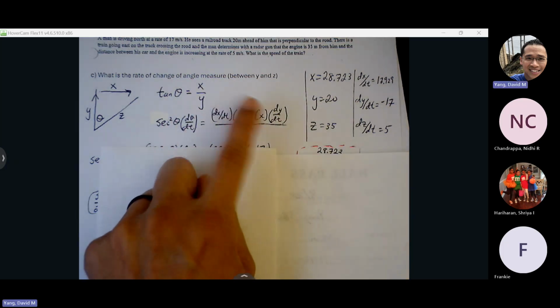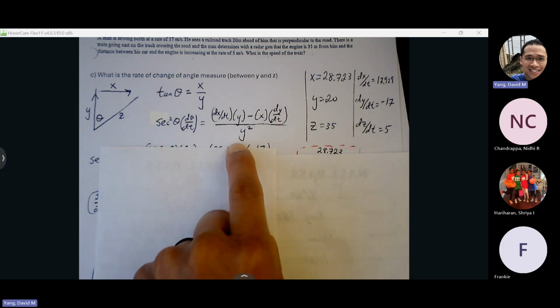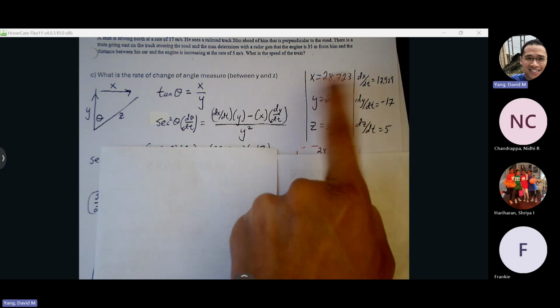So all the values on the right side should be everything that we pulled from the previous parts. So we can reuse all that data.